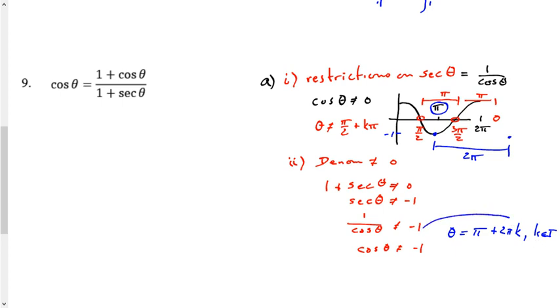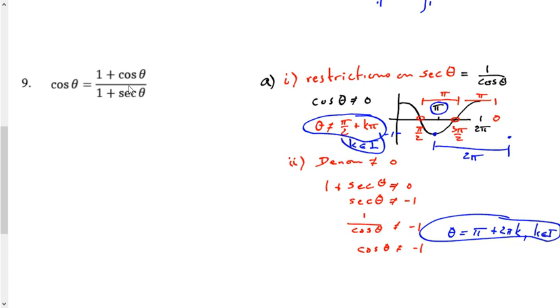So I have this restriction here, and I have this restriction here, and probably a good idea up here, since it's kind of far away, say k is any integer. So those are both restrictions on this identity.